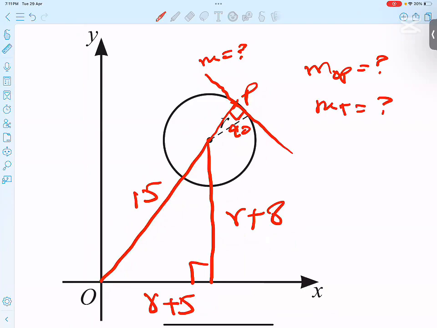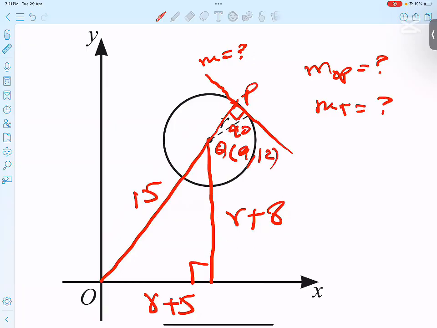So what is the P coordinate? For your knowledge, let's say this is C for center, or I take Q as a center. So the OQ gradient or OP gradient, they are the same. So what is the Q coordinate? If I plug in 4 here and 4 here, 4 plus 5 gives us 9, and 4 plus 8 gives you 12.